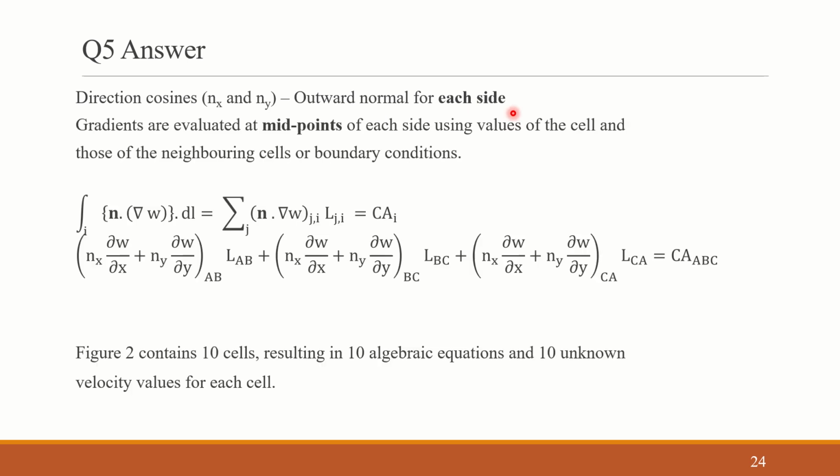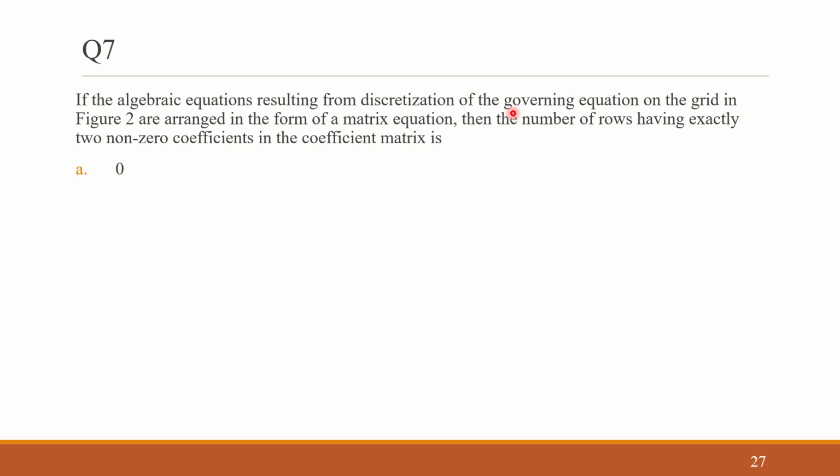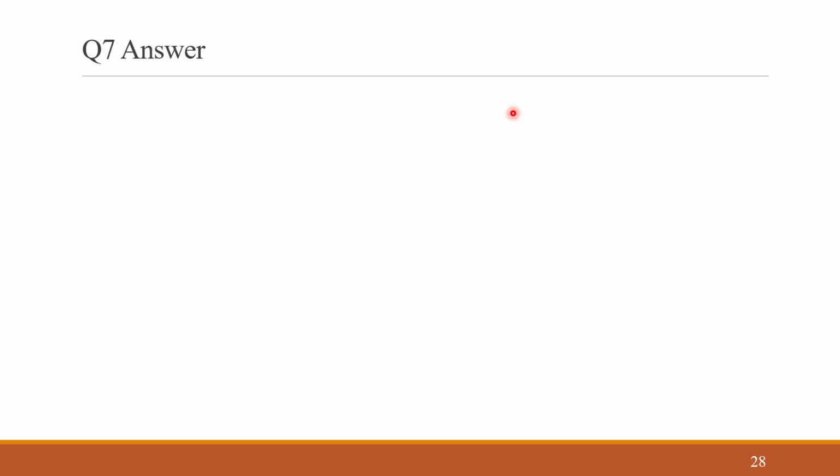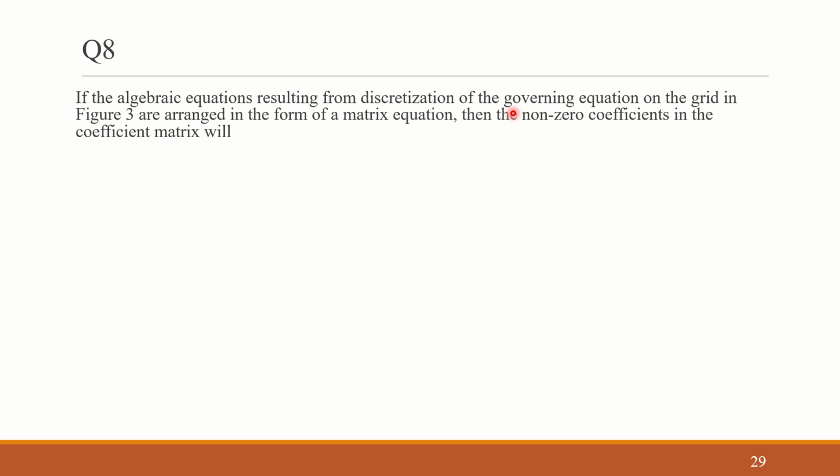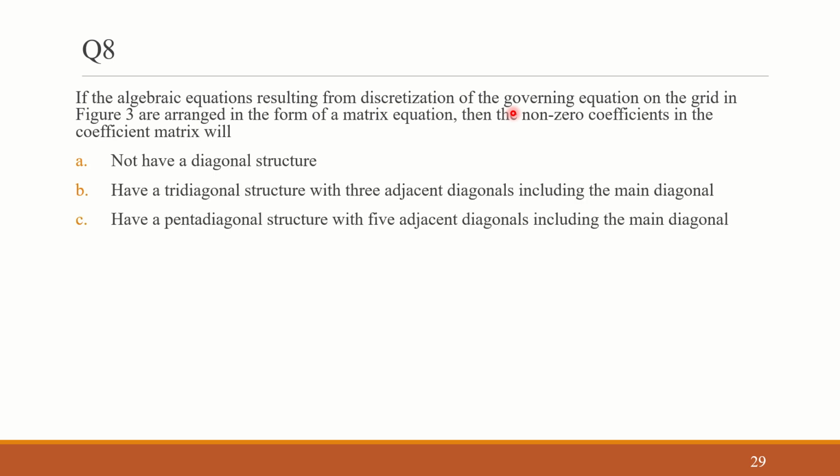That particular cell has outward normal in the negative y direction. If it is in the positive y direction, it would be 1, but that is not right; 1 in the sense it will be pointing inward. So the correct direction is the negative y direction. So 0 comma -1 is the answer.